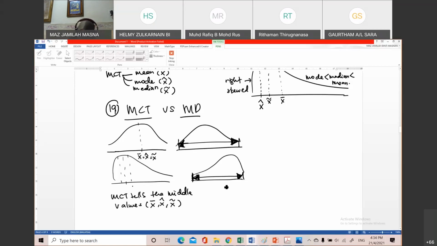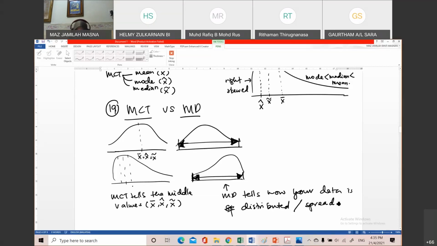But MD tells how your data is distributed or spread.